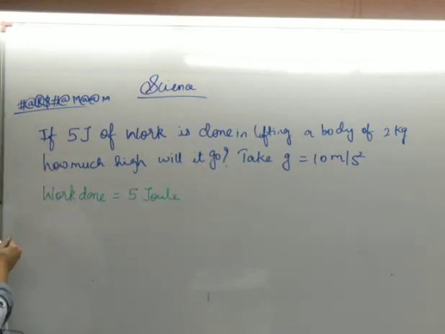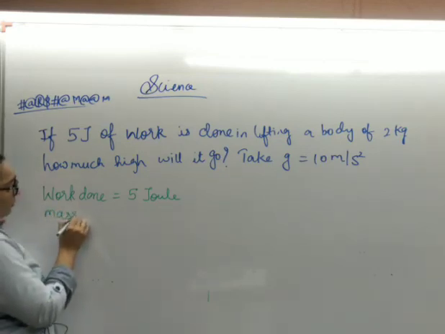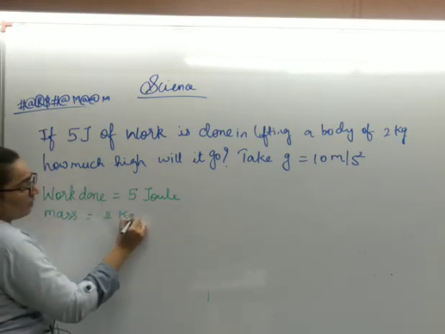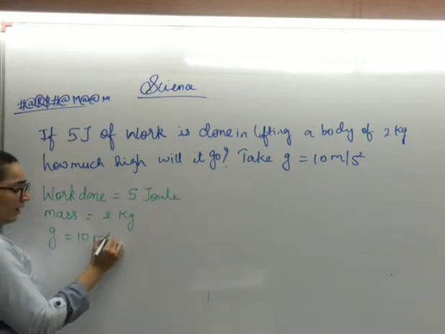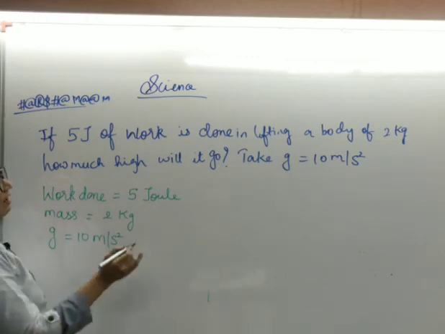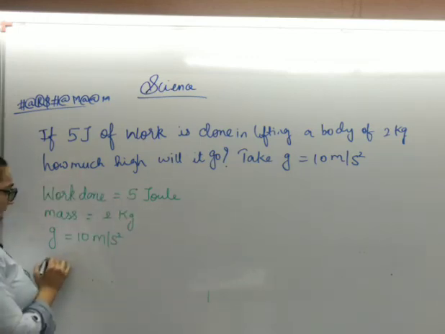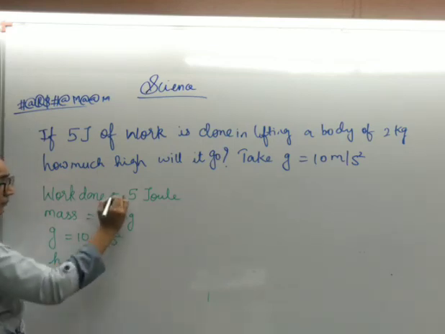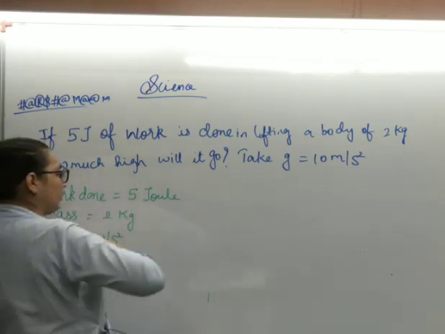Then what is the mass? 2 kg. Then what is the gravitational acceleration? It is 10 meter per second square. After that, they have asked about the height. This is clear, alright.